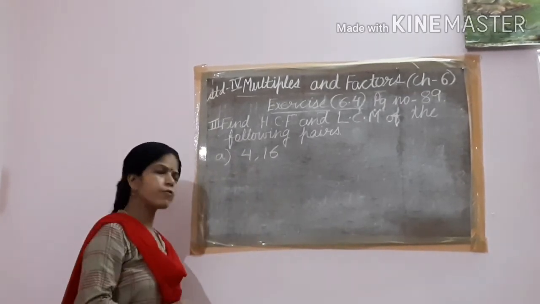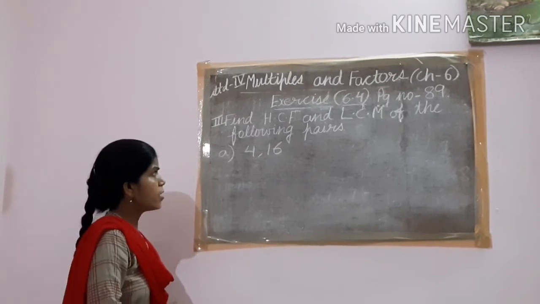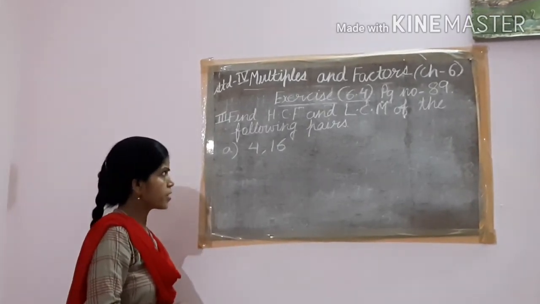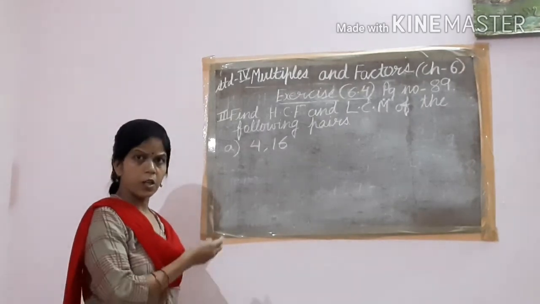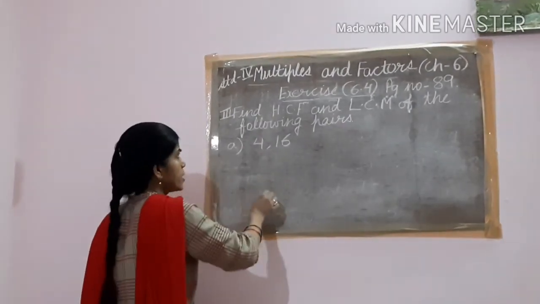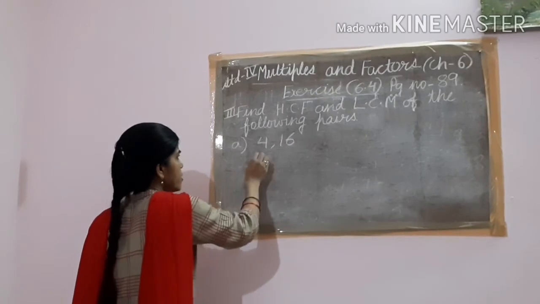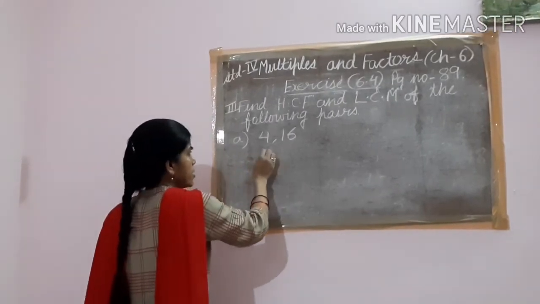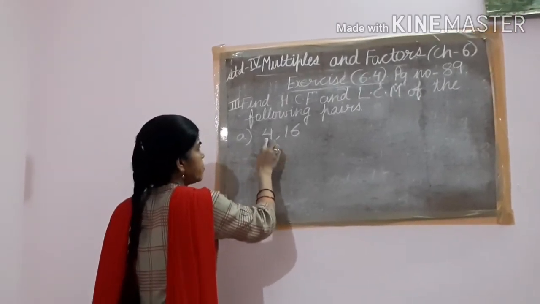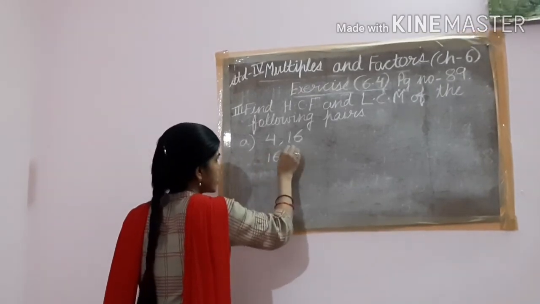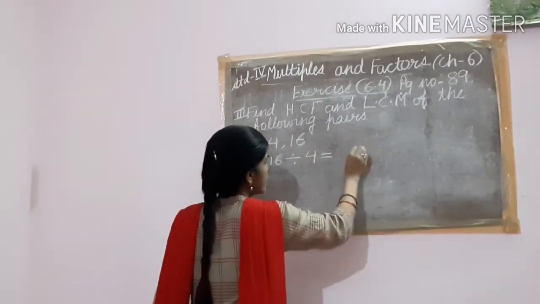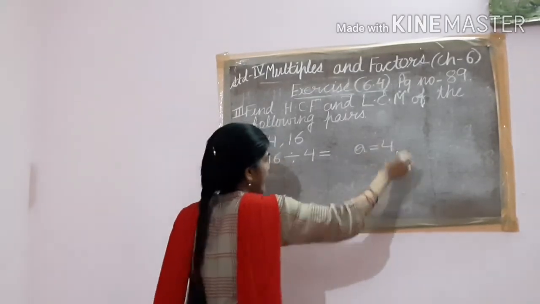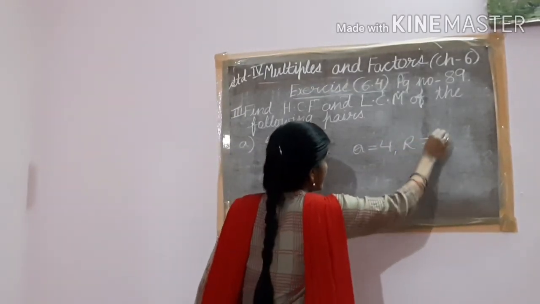The third question is, find the HCF and LCM of the following pairs, like 4 and 16. Here we will not find the multiples and the factors. We will use only the relation which I have taught now to find the LCM and HCF. When a smaller number divides a bigger number, so 16 divided by 4, the quotient is 4 and the remainder is 0.